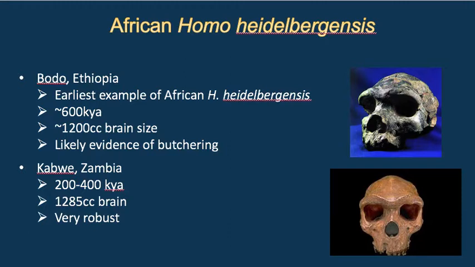So we see similar cut marks to the surface of the skull that we see when a hominin is butchering an animal of some kind. We don't know exactly what was going on. It's been suggested maybe it was cannibalism. Who knows? But it is actually not terribly uncommon to find heidelbergensis specimens with evidence of butchering on the skulls.